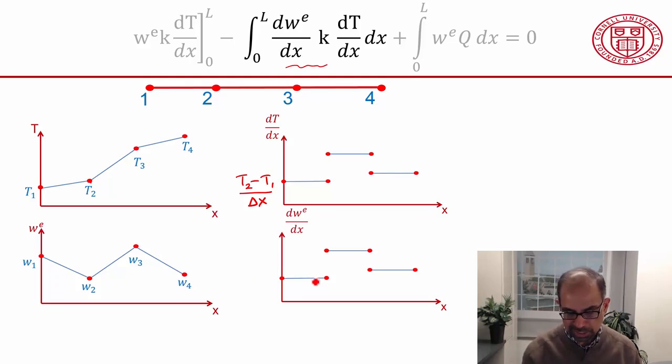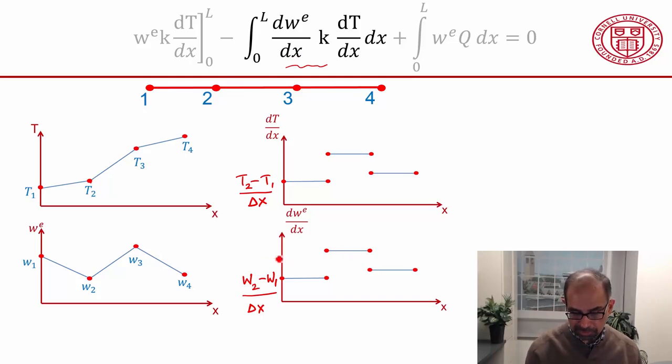And that's the derivative of the weighting function, and again that's going to be piecewise constant. For instance, this value here is going to be W2 minus W1 divided by that distance, which is delta x. And then I'll have to go and figure out what it is for the second element and so on.